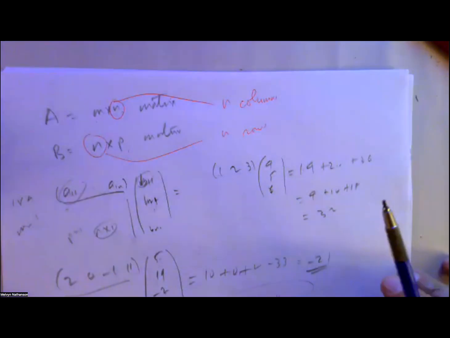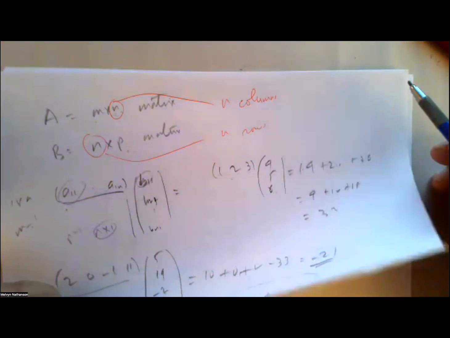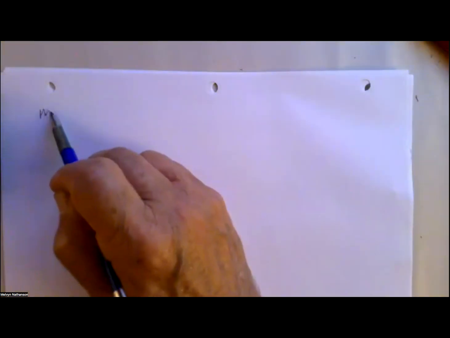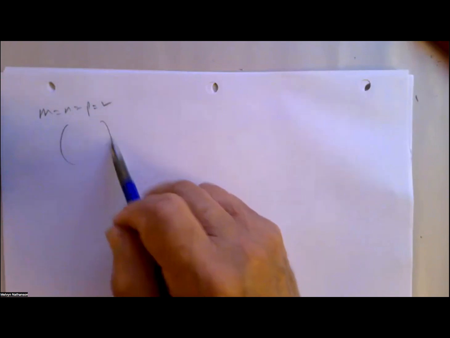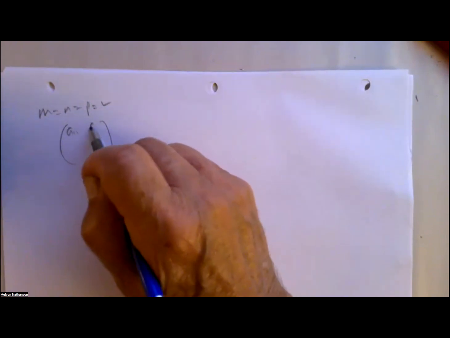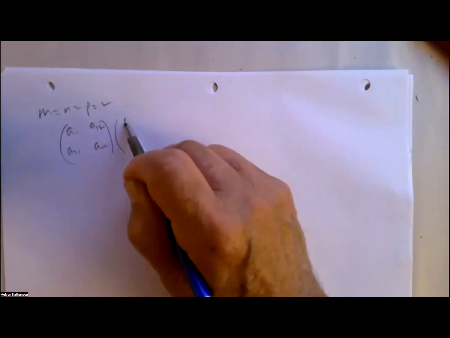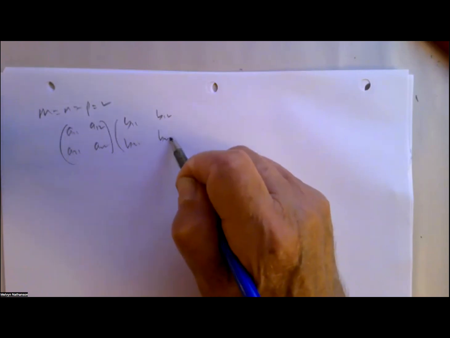So in the simplest sort of non-trivial case, let's say you have m equals n equals p equals 2. So you're multiplying 2 by 2 matrices. Right, but I haven't explained yet how to multiply matrices, or at least I haven't explained today.